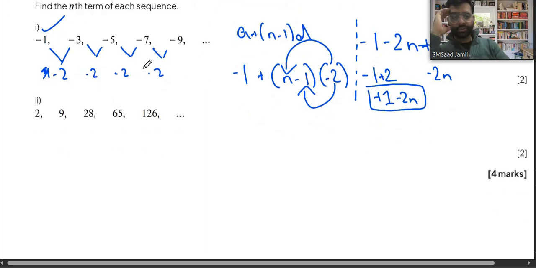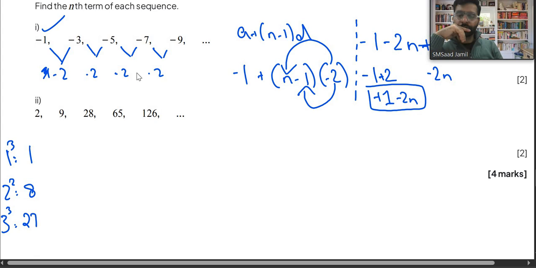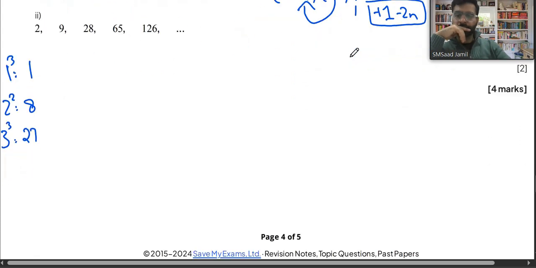Now moving on to the next question. Sometimes you cannot apply a particular formula, alright? So you need to think about it. For example, if you look 2, 9, 28, 65, 126, it resembles something. For example, if I say, let's say 1 cube is 1, 2 cube is 8, 3 cube is 27, okay, 4 cube is 64, 5 cube is 125.